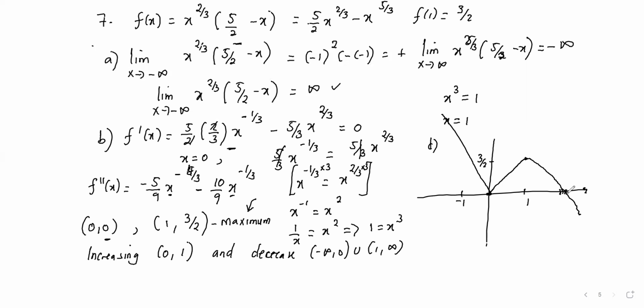When you equate the function to 0, you get x equal to 0, or 5 over 2 minus x equal to 0. So that would be the sketch.